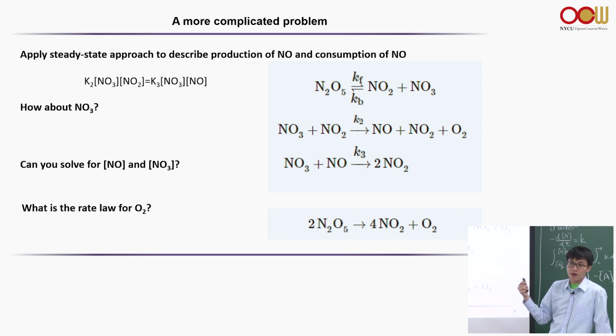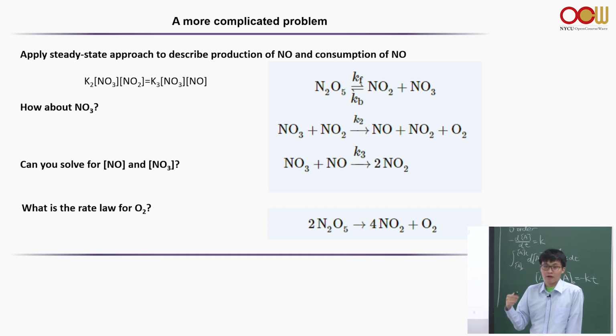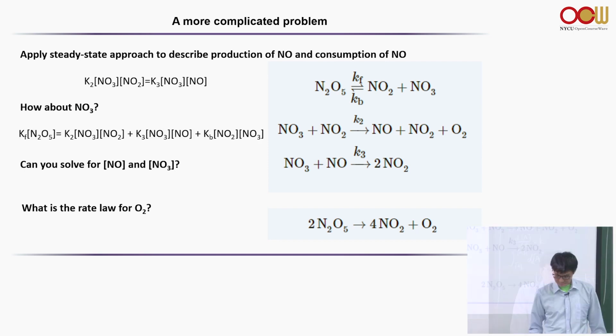If we're talking about producing something, the amount is increasing, so it's a positive sign. If being removed, being consumed, it's a negative sign. Okay, so let's look at this carefully and write out all the possible terms, expression for NO3.